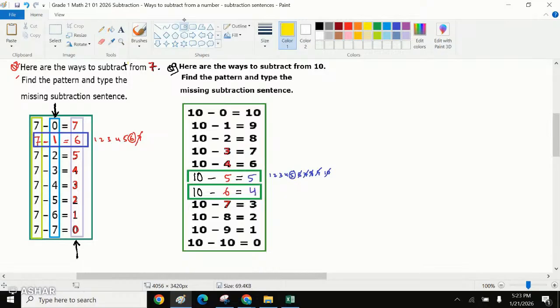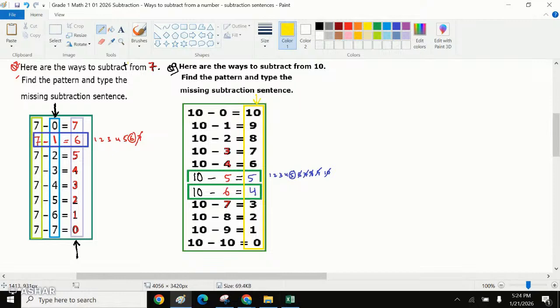Or the easiest way is we look at the sequence over here. This was 10, 9, 8, 7, 6, 5, 4, 3, 2, 1, 0. We can always look at the pattern. We can always say that it is following a descending sequence. Descending means we are going from the larger number to the smaller number.